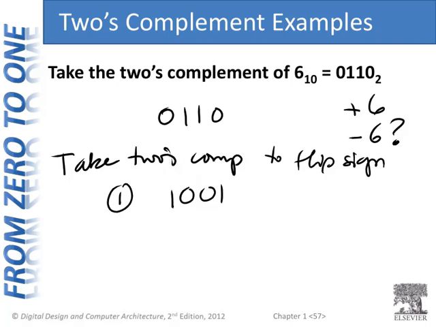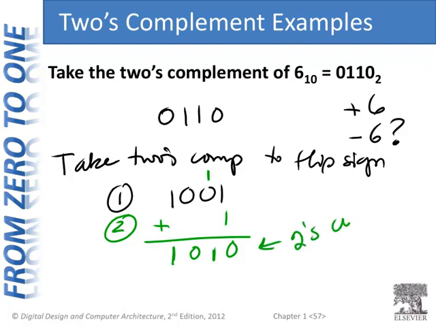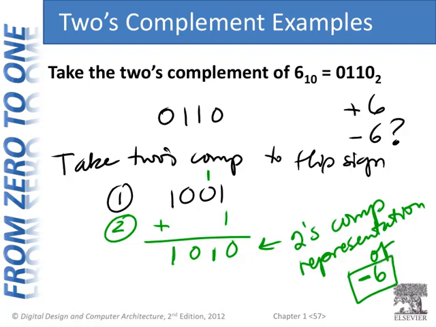And step 2 is to add 1. 1 plus 1 is 2, 0, carry the 1. 1010. So this is the 2's complement representation of minus 6. We've now flipped the sign of the original number.